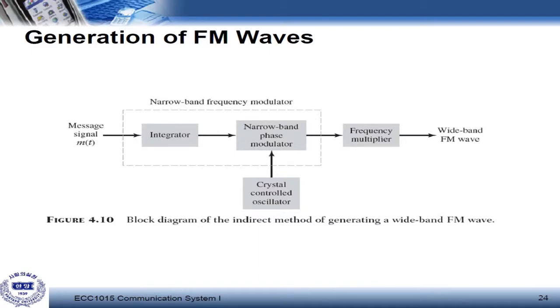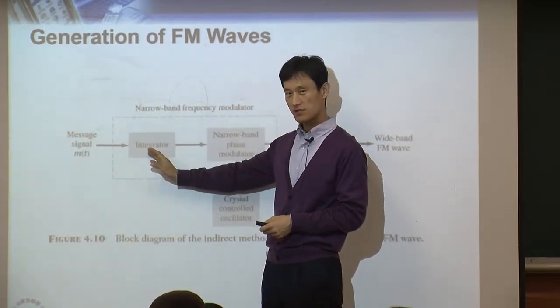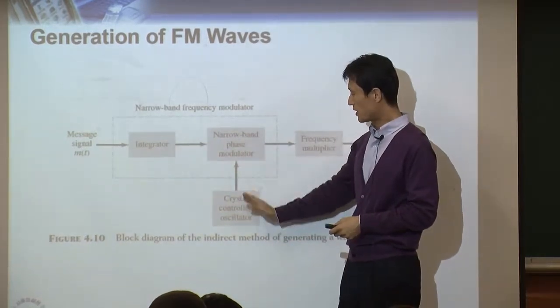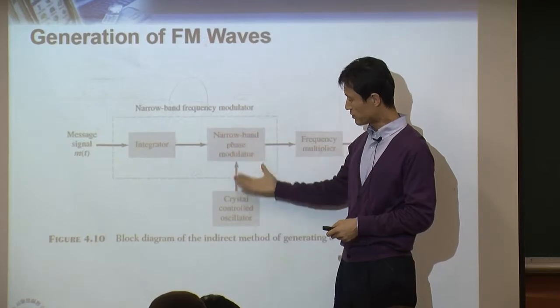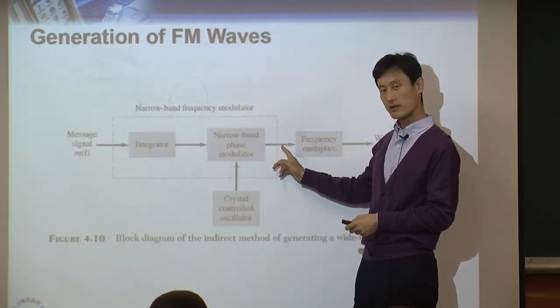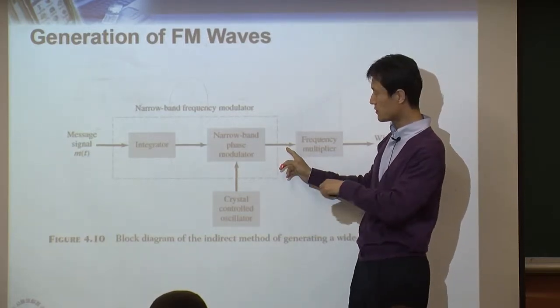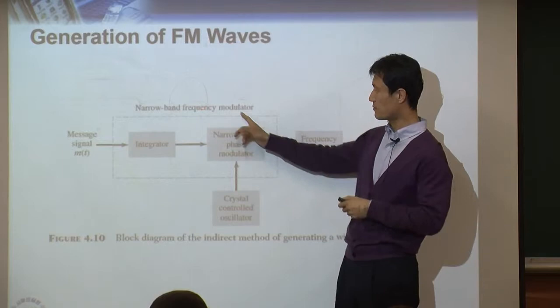You have your original message m(t). From this message, the first thing is to do the integration, and then you put that into the cosine carrier. Then what do you get? Here is a narrowband FM. This one actually is a narrowband FM, from the narrowband FM modulator.